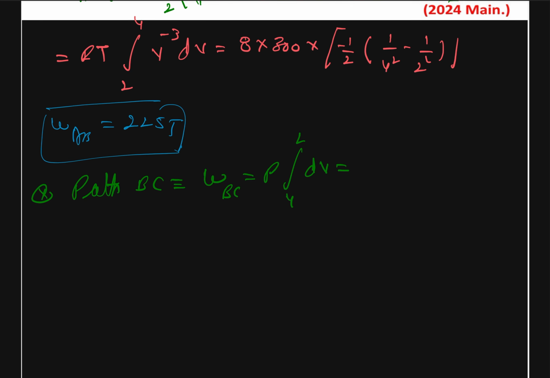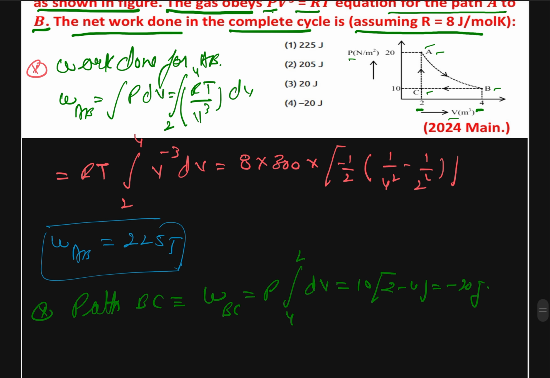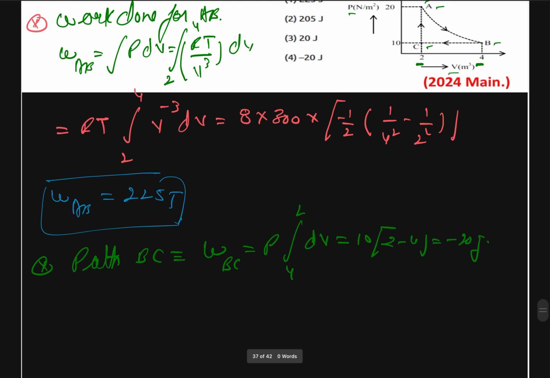So this gives us pressure, which is 10, times 2 minus 4, which gives us minus 20 joules. And we come to the path CA, where the volume is constant, so its work done will be equal to 0.